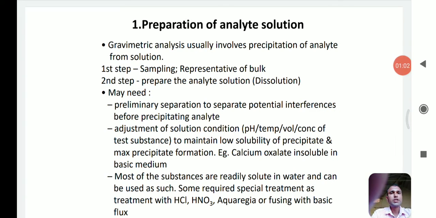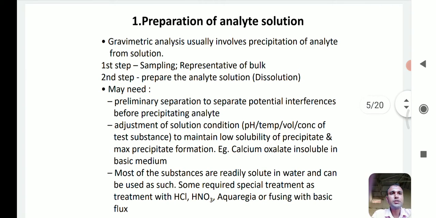So let us look at the first step, that is preparation of analyte solution. So how to prepare analyte solution? Gravimetric analysis usually involves a precipitation of analyte from the solution. So first step, sampling and representative of bulk. Second step is to prepare the analyte solution, or dissolution.